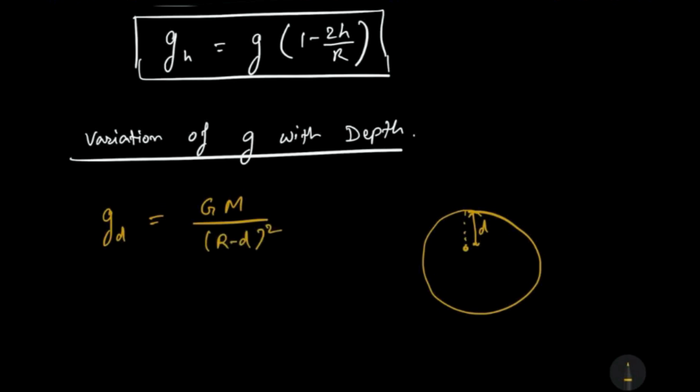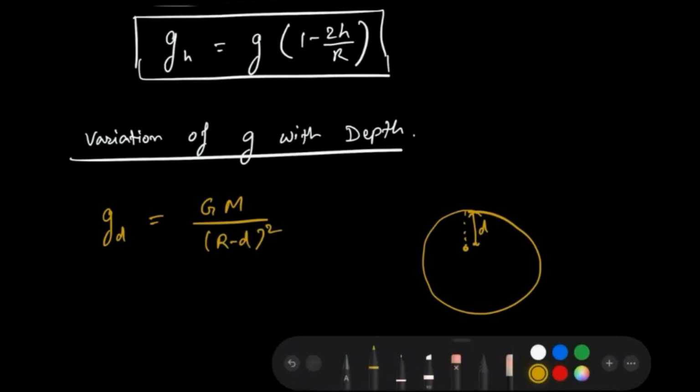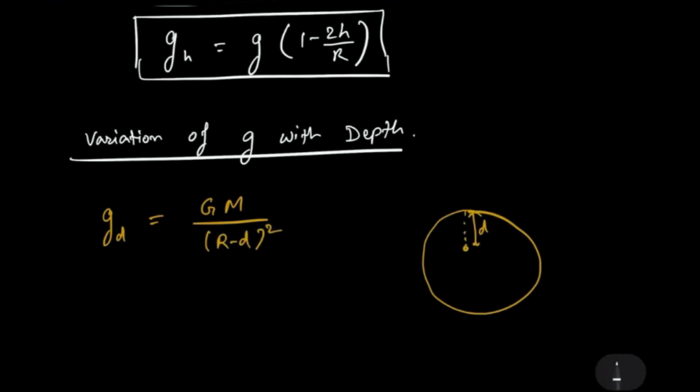So this is it. However, gravitational force is attractive in nature always. And now at this point, you will only have to consider the mass of this part of the sphere of the Earth. So instead of M, you would have to talk about M dash now.